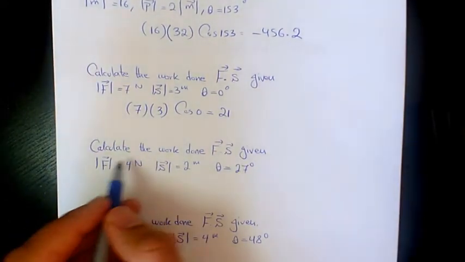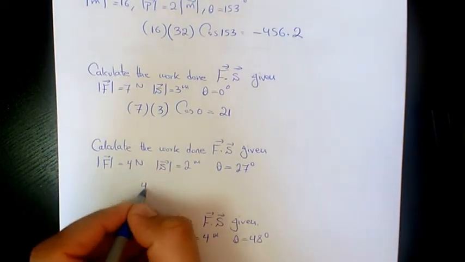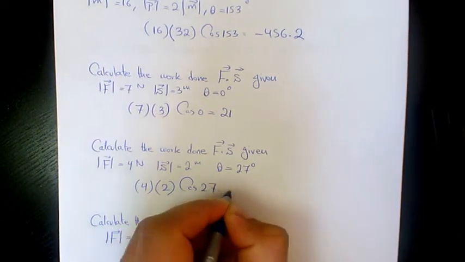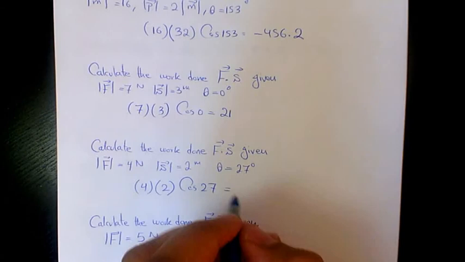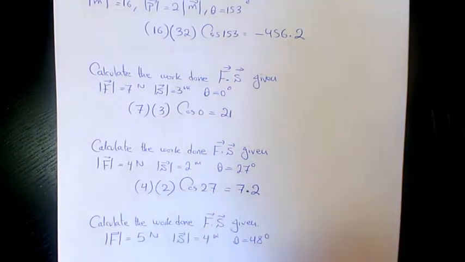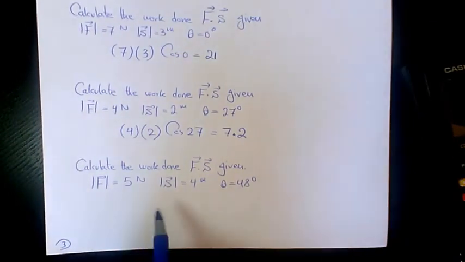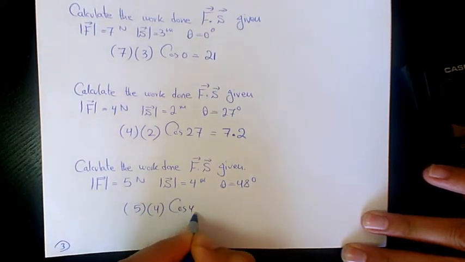Next one, calculate the work done, F dot S: magnitude of F times magnitude of S times cosine 27. 8 times cosine 27 is going to be 7.2. Next one is going to be 5 times 4 times cosine 48 degrees.